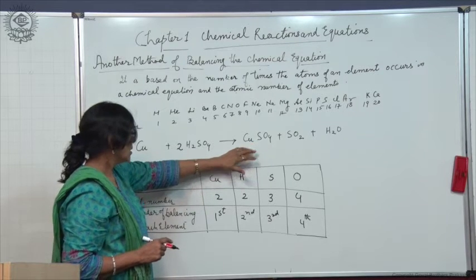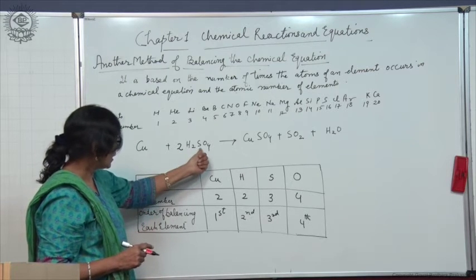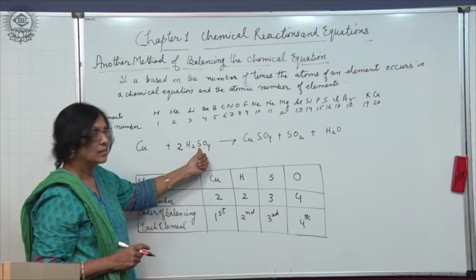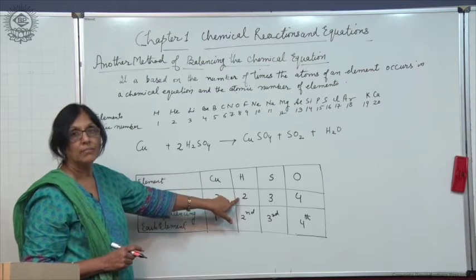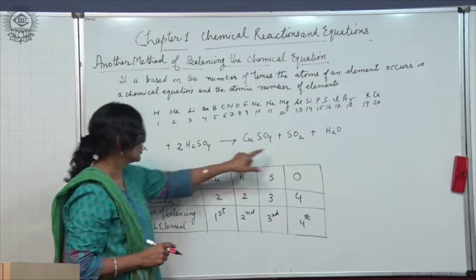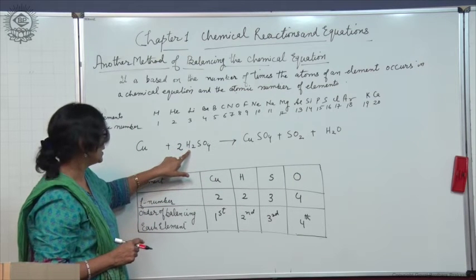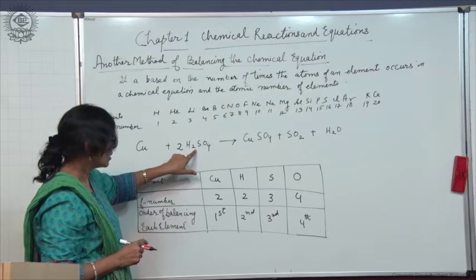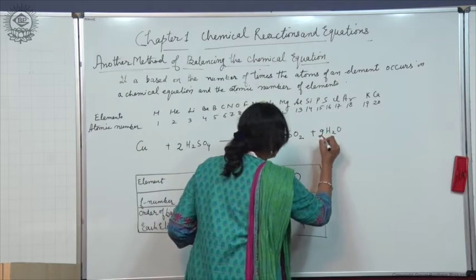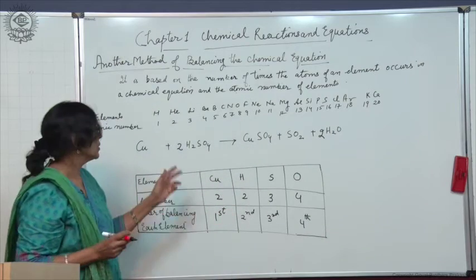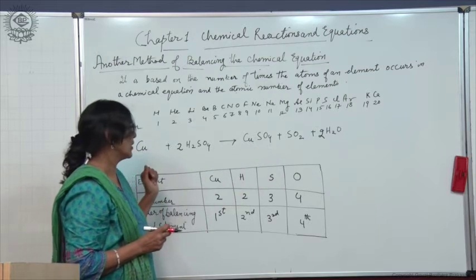Yes, one more thing you will notice here, by writing 2 here, not only we have balanced sulfur, number of hydrogen atoms also has increased, which we have already balanced, which makes the hydrogen atoms unequal on both sides. So, we have to rebalance hydrogen, right. It has become 4 and it is only 2 here. So, to rebalance hydrogen atoms, we will write 2 here. So, now we have 4 hydrogen atoms on both sides.